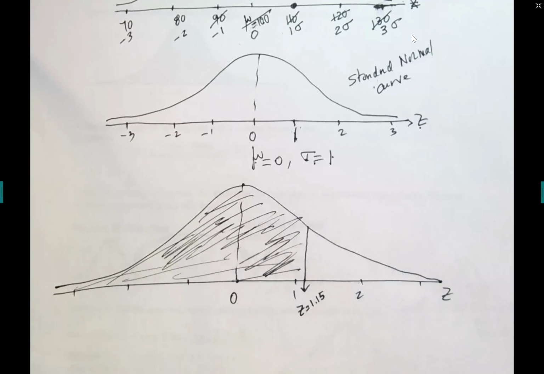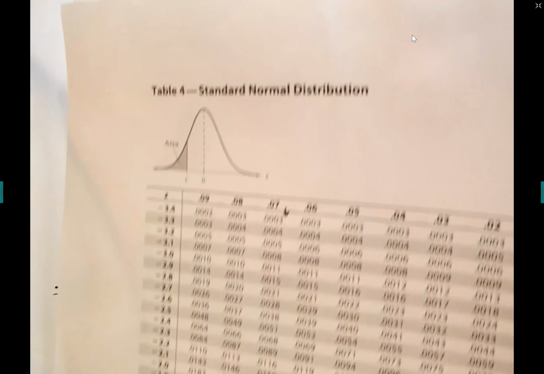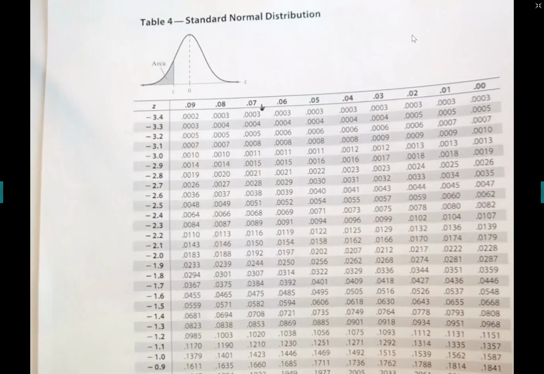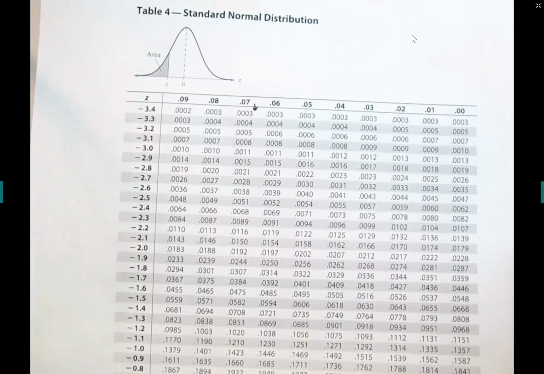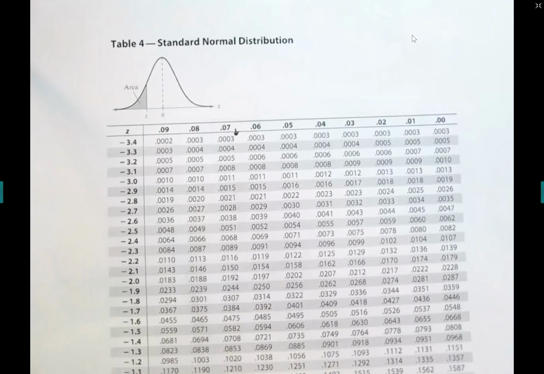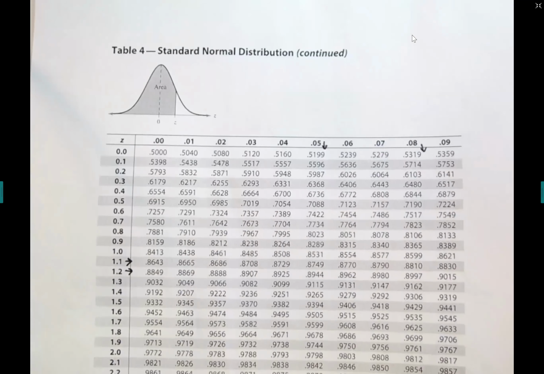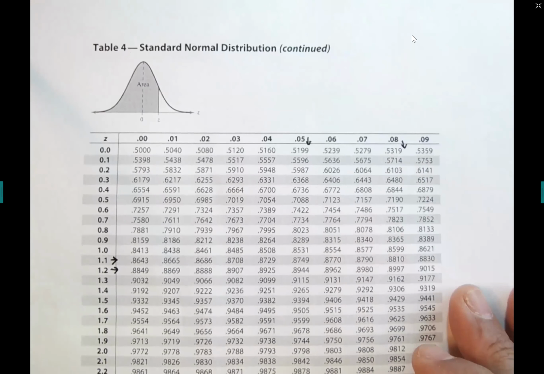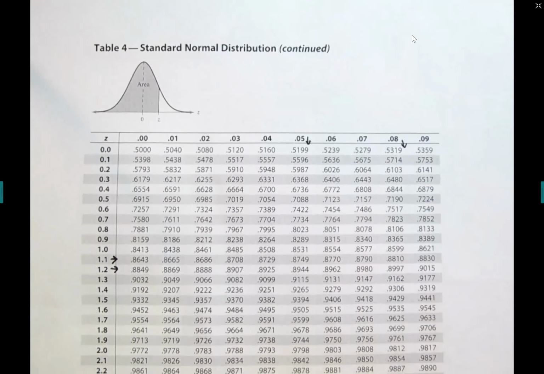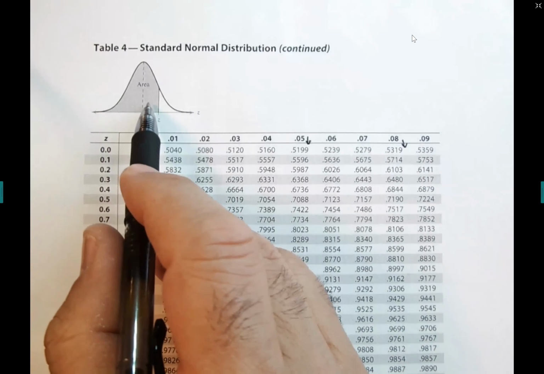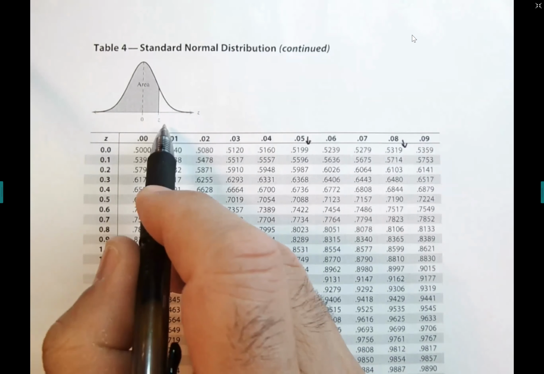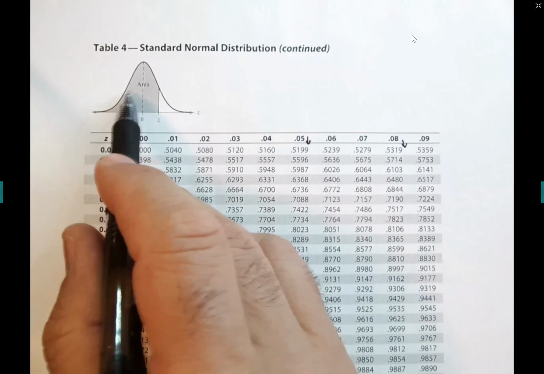So in order to find this, there is a table called Standard Normal Distribution Table. It's right here. I'd like you to pay attention to it. All right. This table, guys, is designed to find the areas to the left of a z value. See how it's sketched right here, the visual?